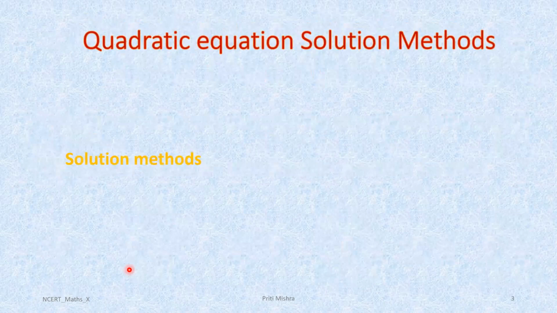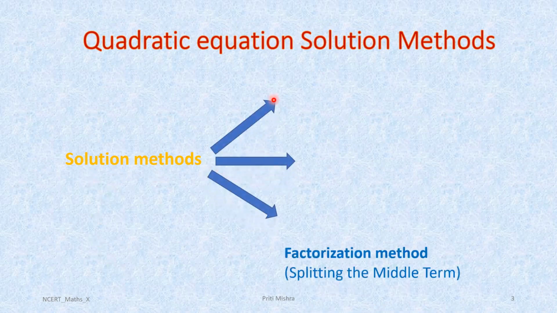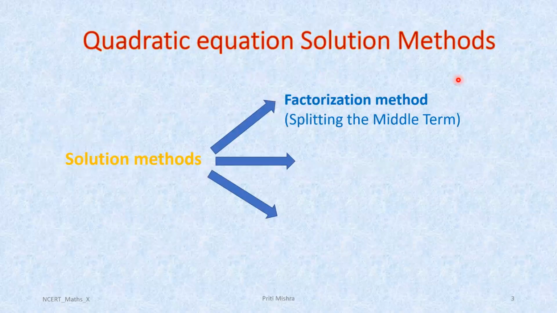So let's start with the methods of solving a quadratic equation. How many solution methods are we having for a quadratic equation? We are having three methods. First one is factorization method. This method we use to solve a quadratic equation, and here we do factorization just by splitting the middle term.